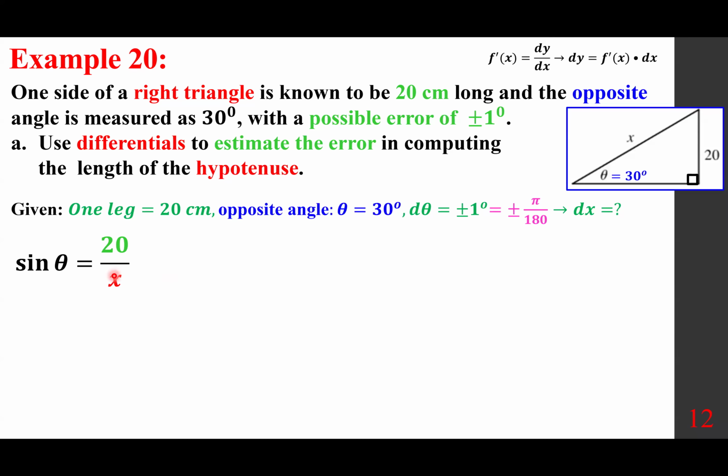That means x is 20 over sine theta. As you know, sine is 1 over cosecant, so x is 20 cosecant theta. And now if we differentiate this with respect to theta, dx d theta is 20 times the derivative of cosecant, which is negative cosecant theta cotangent theta.